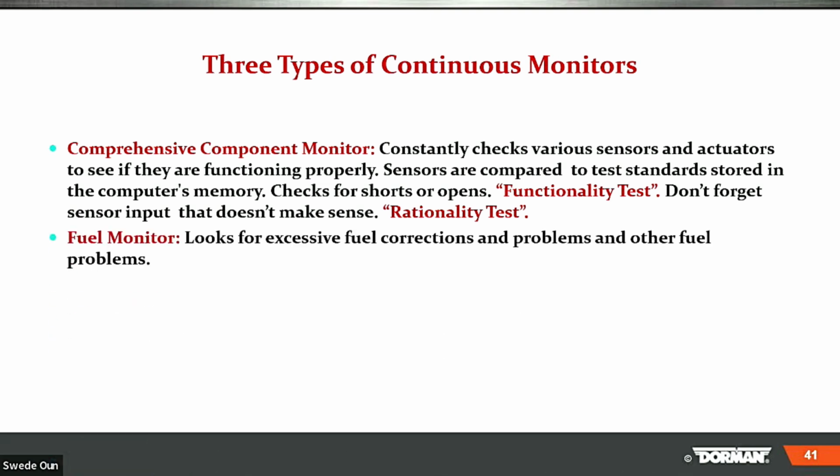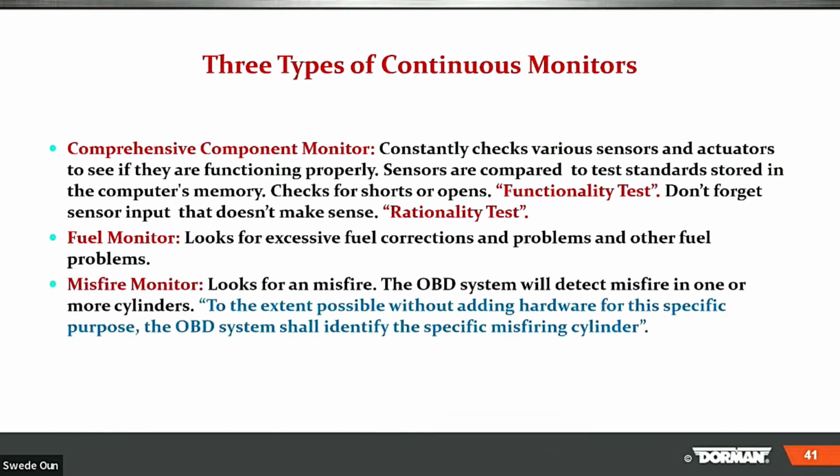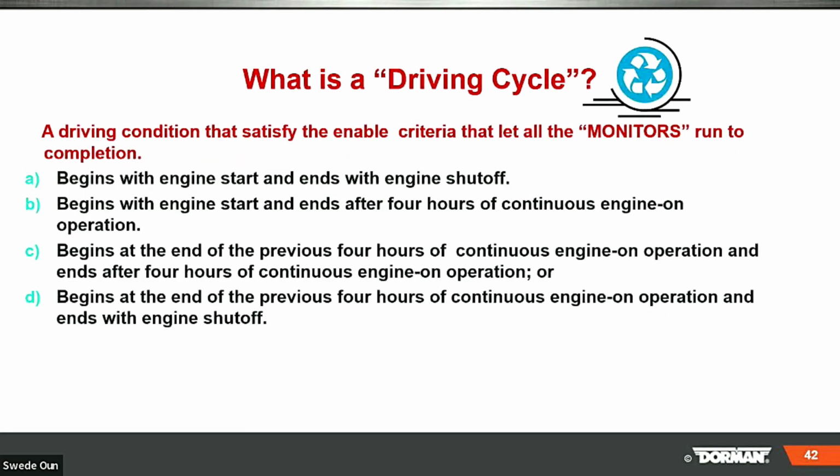Fuel monitor looks for excessive fuel correction problems and other fuel problems. Misfire, of course, just like the word says, looks for misfire. They'll detect misfire in one or more cylinders. To the extent possible, without adding hardware for the specific purpose, the OBD system shall identify the specific misfiring cylinder, which is nice.